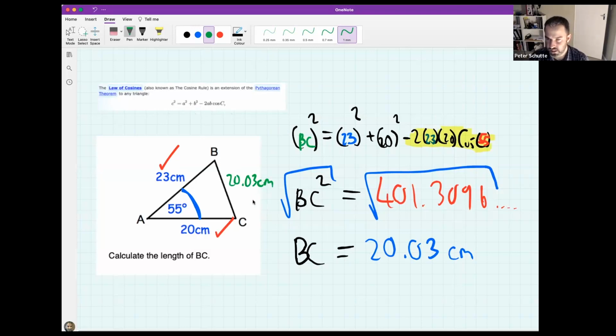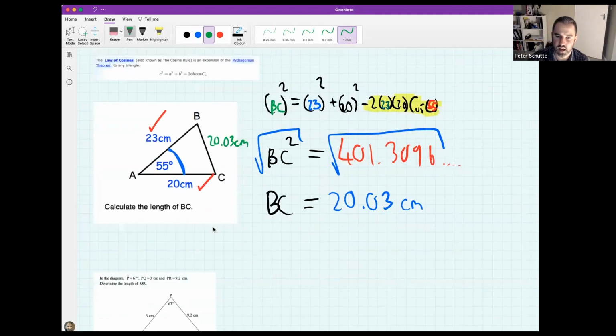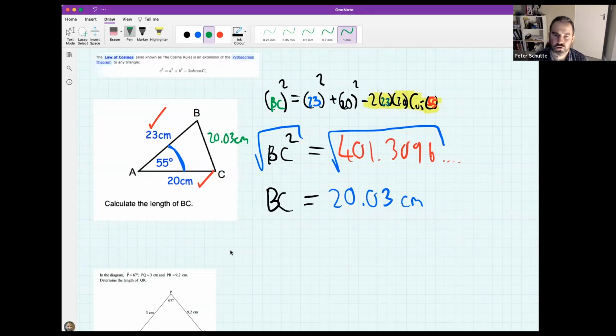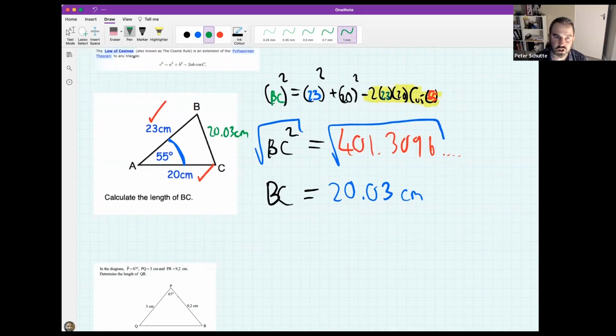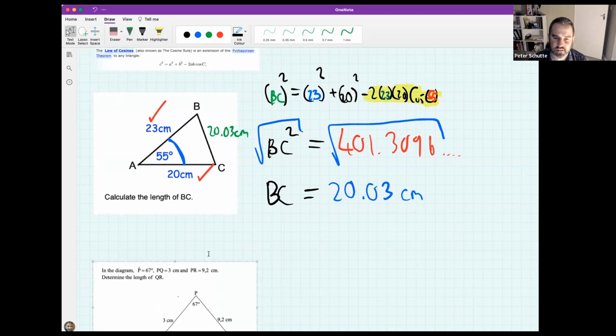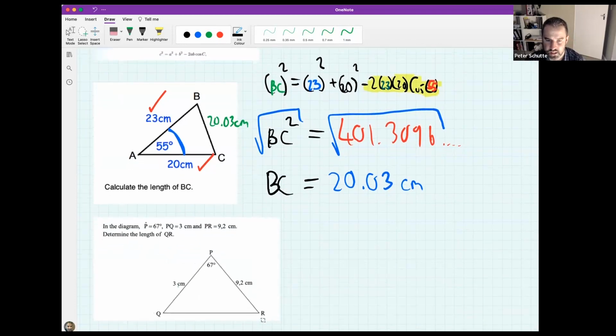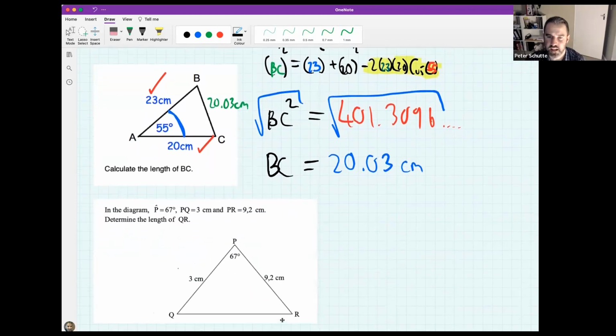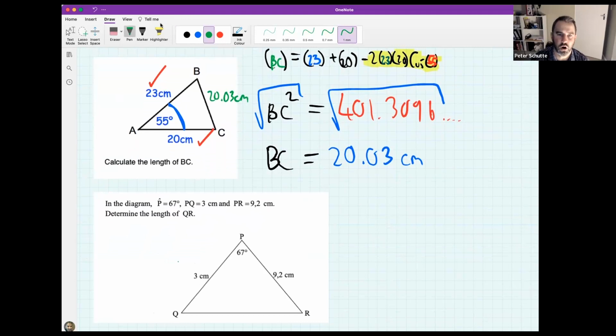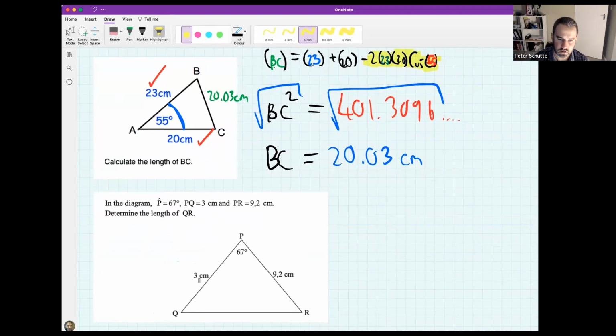I want us to initially tonight just practice getting this right. I'll leave this up on the screen, and I want you to use the method that I'm showing you here, but apply it to this second triangle, where you are trying to find QR, which is this unknown side here.